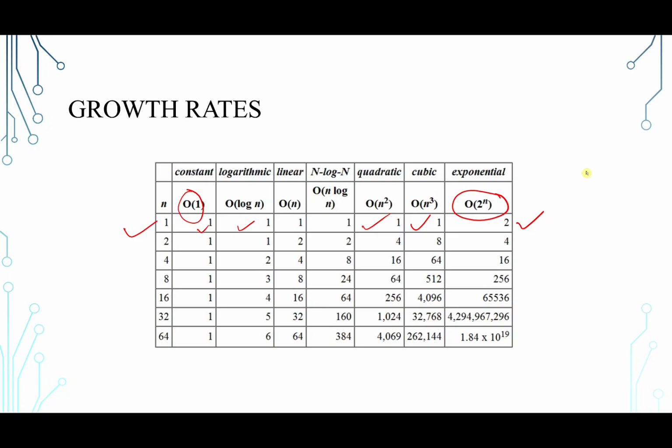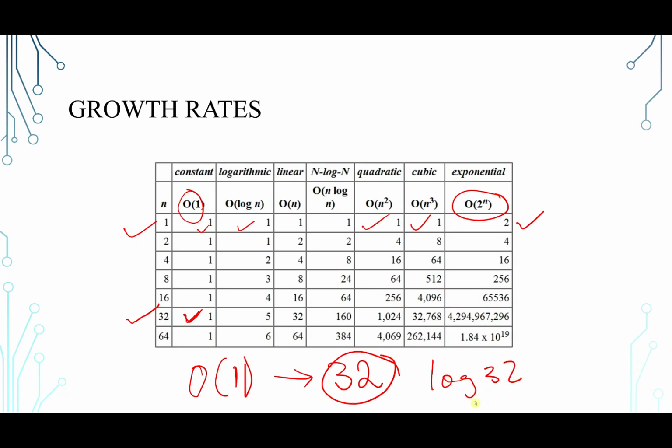Okay, what if we have 32 people? If it's a big O of 1 algorithm, it takes big O of 1. Why is that? Because it's constant. 32 is constant, right? Then big O of log n, that is log 32 to the base 2, which is 5.